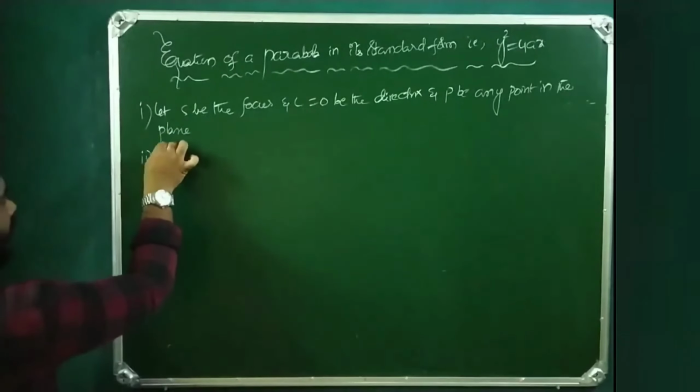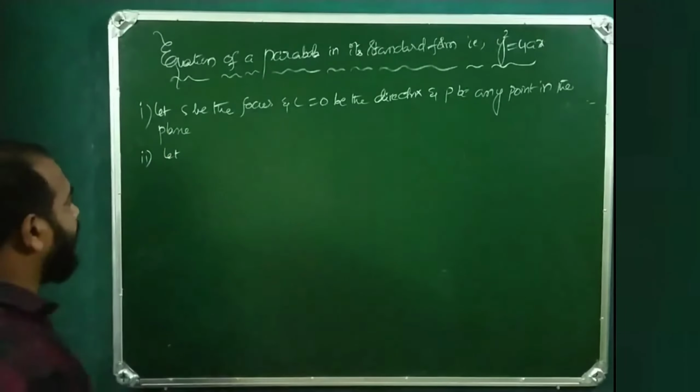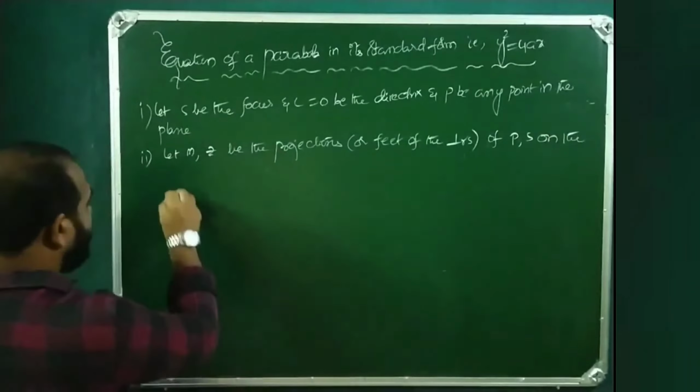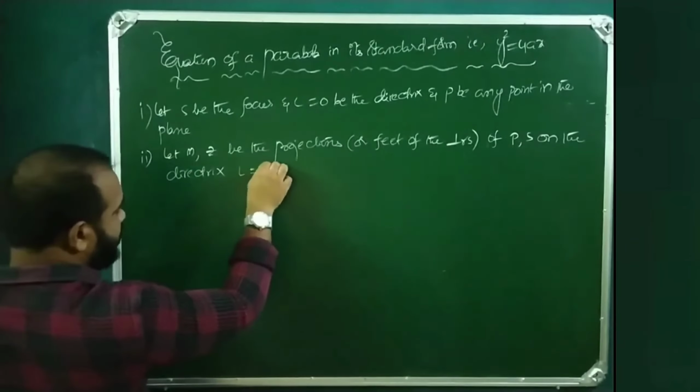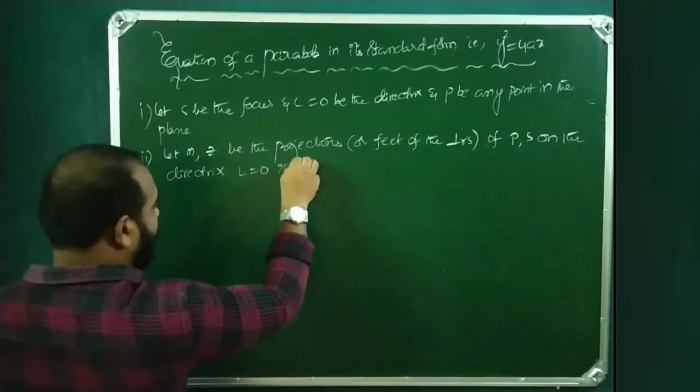Let M, Z be the projections, or feet of the perpendiculars, of P, S on the directrix L equals to 0 respectively.